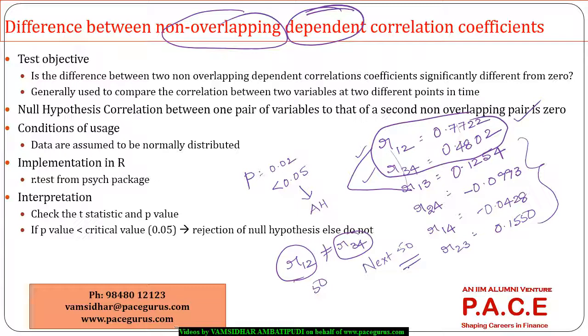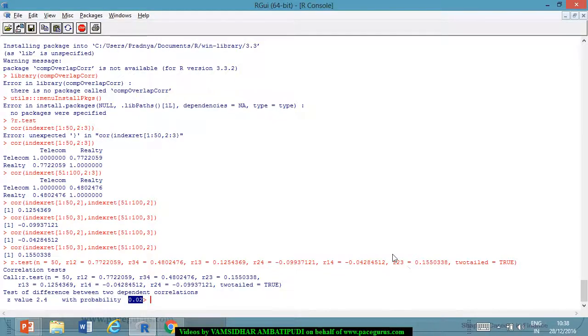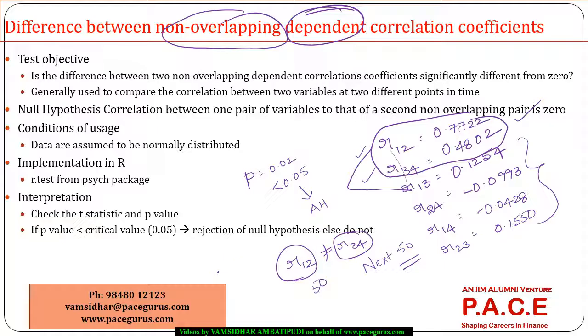If you look at the Z value, it's not a negative value, it's a positive value, indicating the first period is higher compared to the second period. If I get a negative value for Z, then I could have taken the decision in the other direction, but because it's positive, I say that the first period's correlation value is higher than the second period's correlation value.